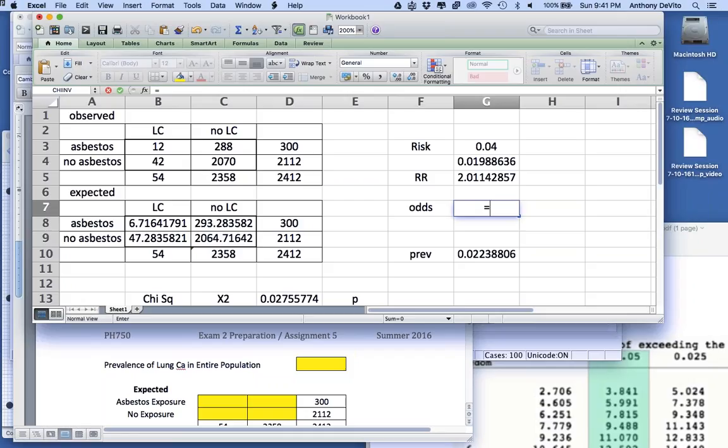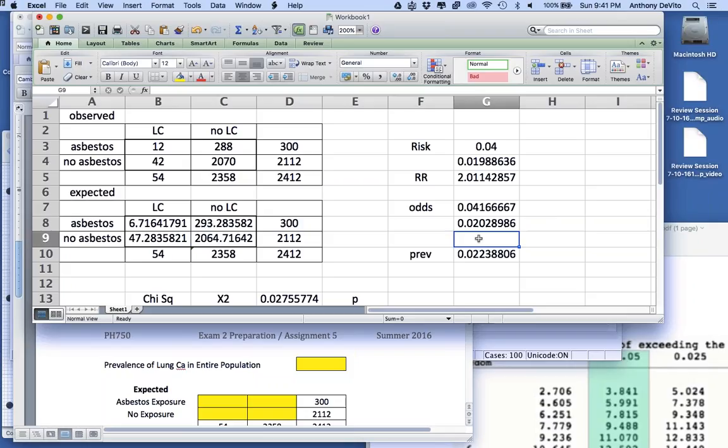Okay, 12 over 288, good. And my odds for people that are not exposed to asbestos is, come on, help me out here. Good, excellent, 42 over 2070, I think, right? 2070, is that right? Yep.